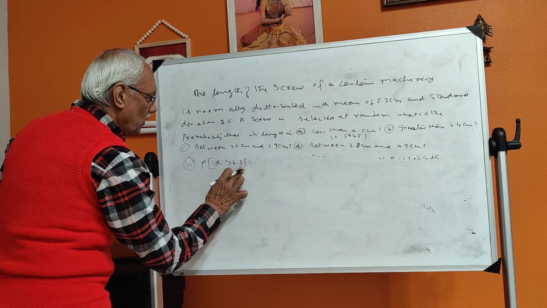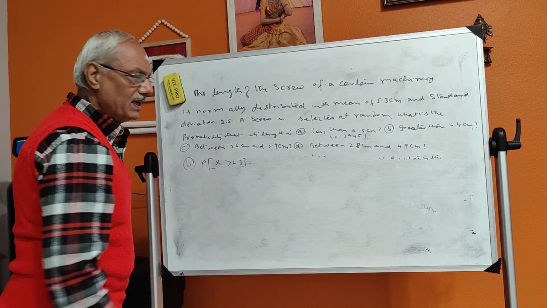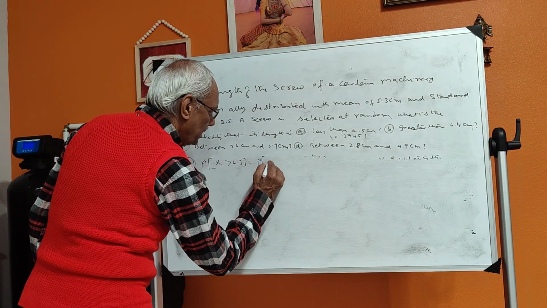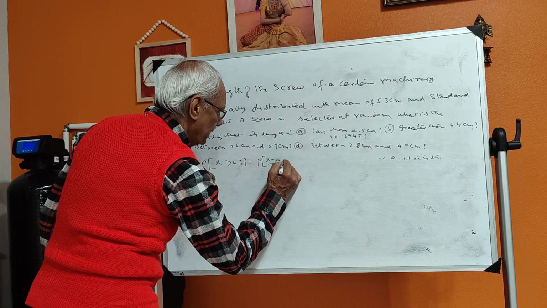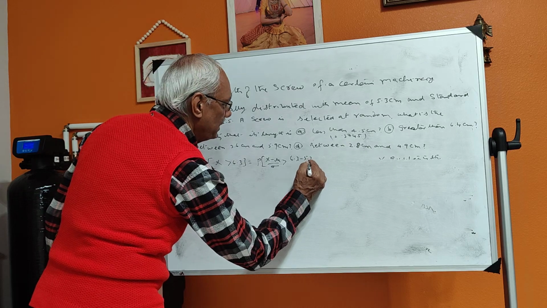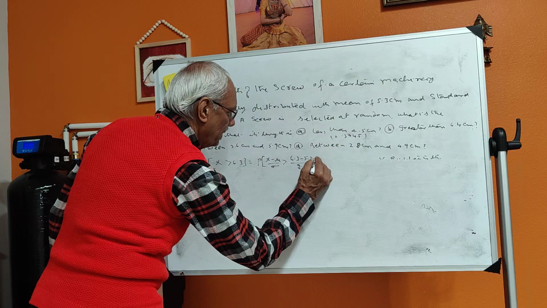What is the probability that the selected screw can be of length greater than 6.3 centimeters? As I told you, this is nothing but P of (x minus mu) by sigma greater than (6.3 minus 5.3) divided by 2.5.